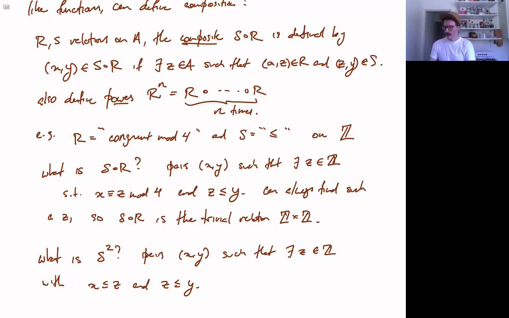And this is basically saying that x is less than or equal to y still, because we know that these two conditions together mean that x is less than or equal to y, and if x is less than or equal to y, just take z equals x, for example. So this is the same as saying that x is less than or equal to y, which is to say that S squared, the relation, is equal to S, the original relation.